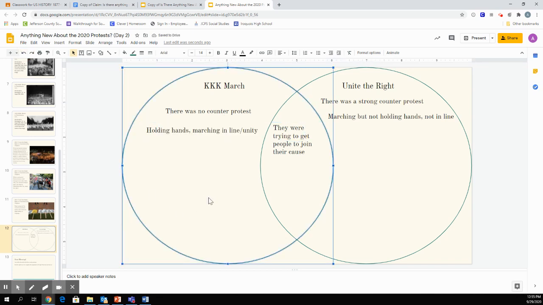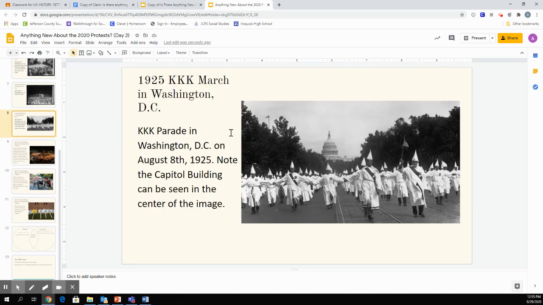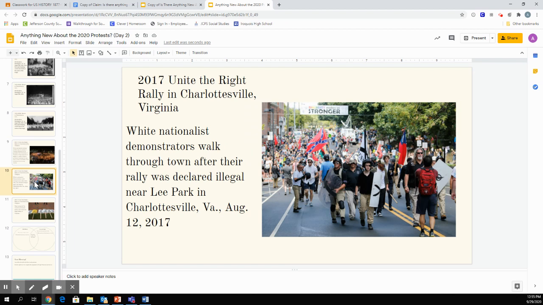So let's compare picture 8 to picture 10. So here's a group of people. They're all dressed the same. They're holding hands. They're marching in unison. And it looks very well organized. Whereas in this event, it looks a lot less organized. They're not dressed the same.